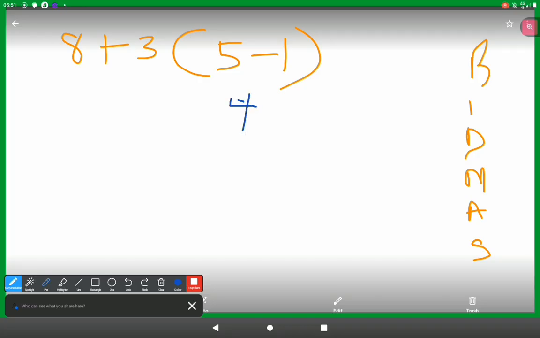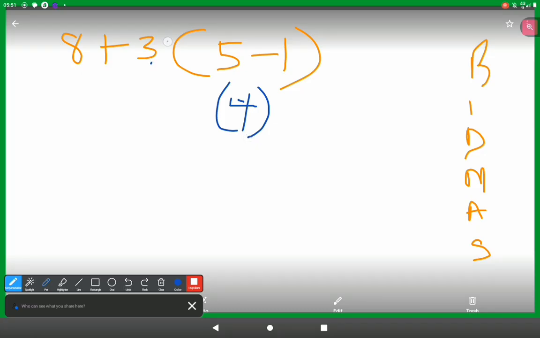Then I'll bring down the rest. Don't forget, there's a 3 before the bracket. So we still have this 3. Then we should expand the bracket first instead. But if you do not do that, then you can do it this way. Open the brackets, you still keep the bracket there because of the 3 that is at the back.